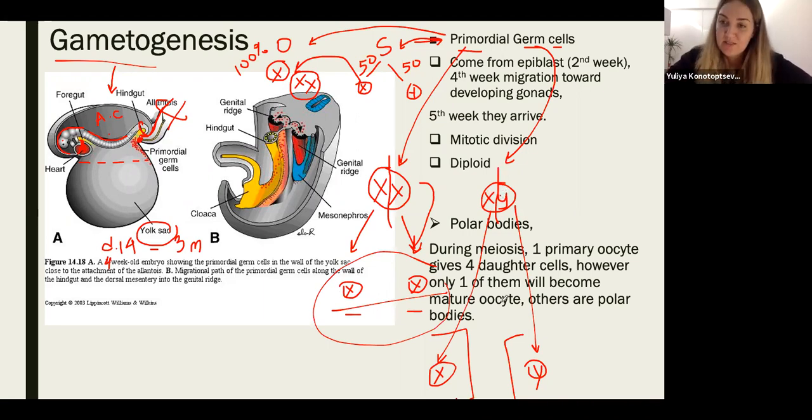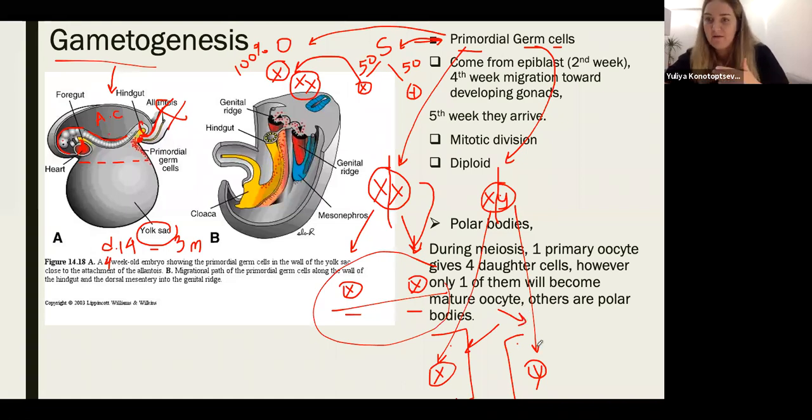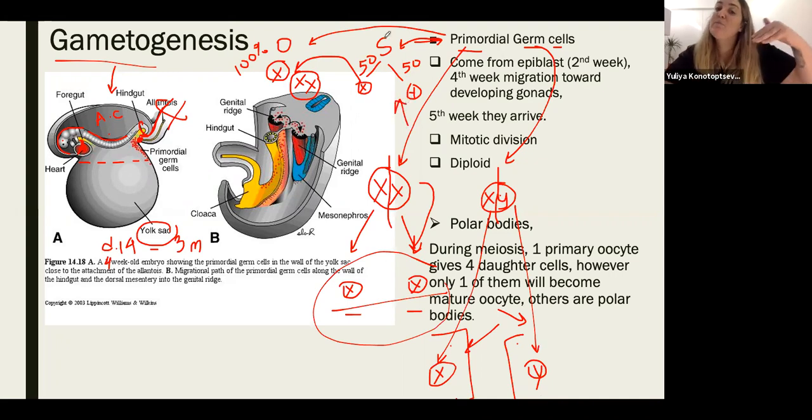So when it splits, it also gives rise to two haploid cells. The problem is that half of these haploid cells have X and half of these haploid cells have Y. Can it be oocytes? Of course not, it can't. It has to be spermatozoa, because we just said that for spermatozoa that's the case, that half of them have X, half of them have Y. Is that clear?